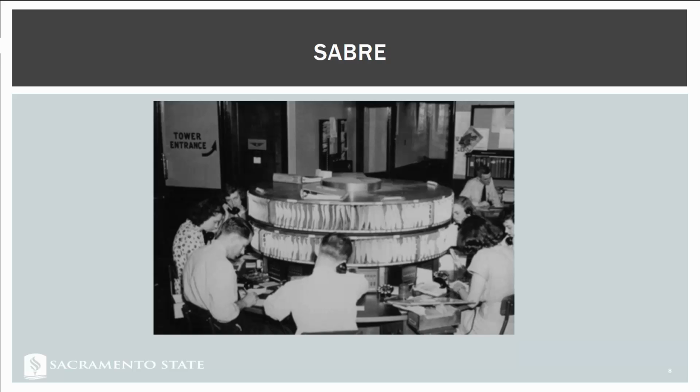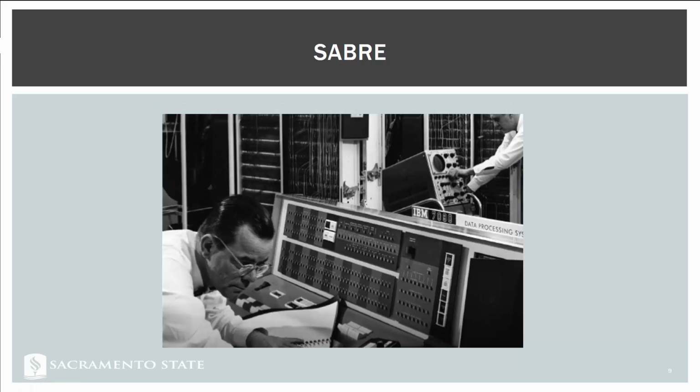So here's a picture of how it used to work, kind of as SABRE was coming online. These are individuals working for American Airlines who were taking transactions for reservations. And you can see that the filing system is not electronic at all. Here is the control panel for the mainframe and one of the operators working on it.